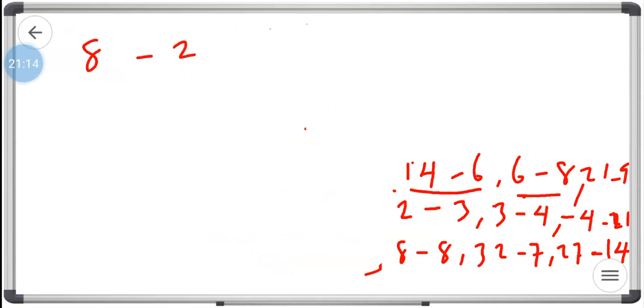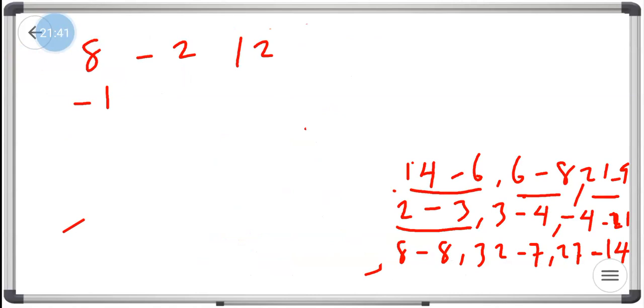And this side here, 21 minus 9, that will give us 12. Also here, 2 minus 3, that will give us minus 1.